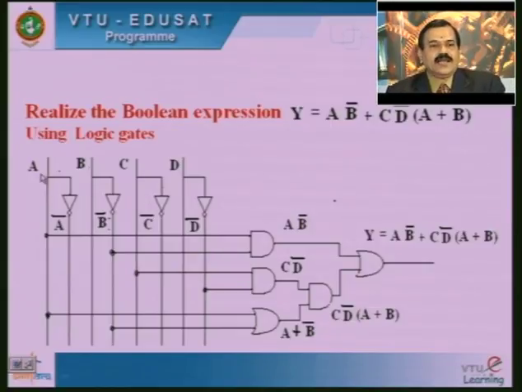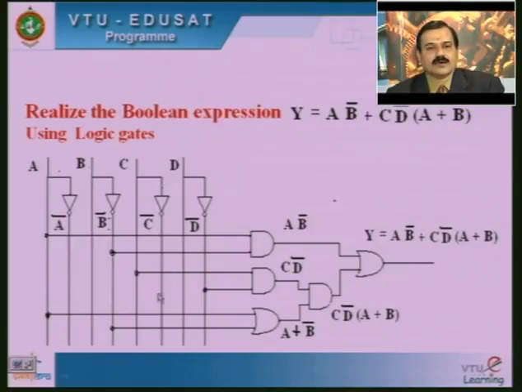So A is taken as an input and continues on this line, and the same A is taken to a NOT gate, and the output of that NOT gate is A complement. Similarly B is taken on the same line and continued, and B complement through the NOT gate. Similarly C is taken on this line, and C bar is made through this NOT.